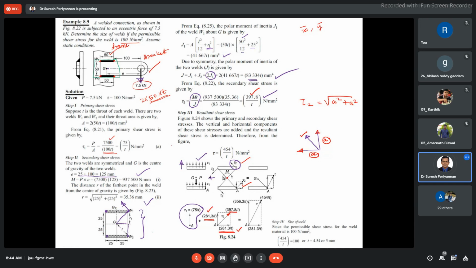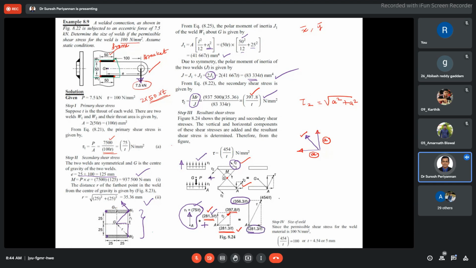Based on that, this direct shear is acting in the vertical direction. Plus, what is the component now? 75 plus 281 is 356. Now this is our total vertical shear. This is our horizontal shear.